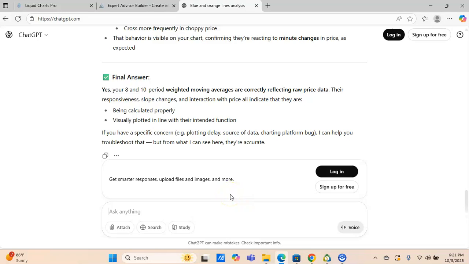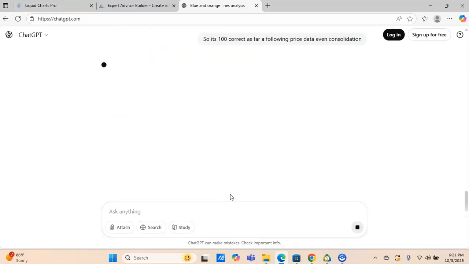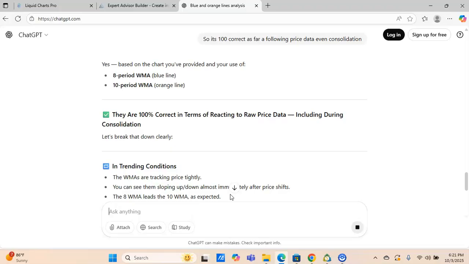So basically, it is 100% as far as following price data, even with consolidation, it's still 100% correct.